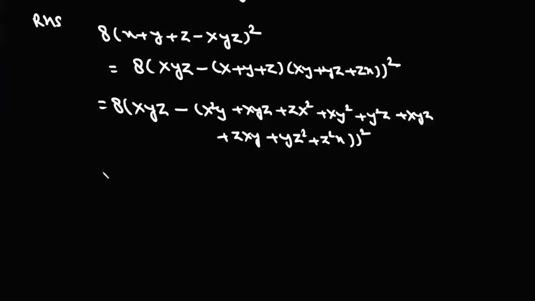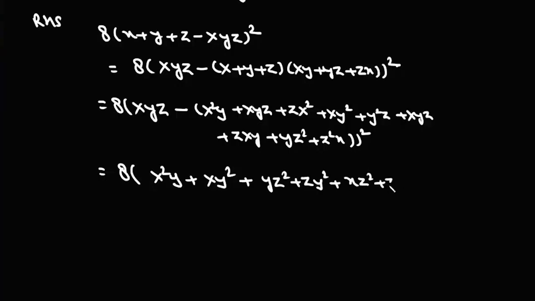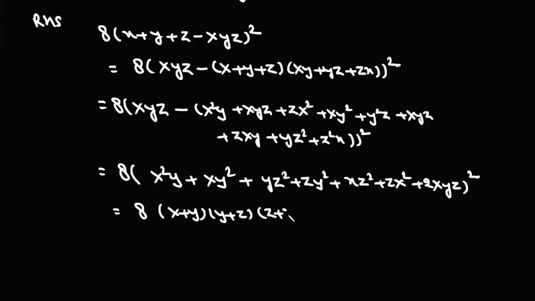whole square. Now we can also write this as x square y plus xy square plus yz square plus zy square plus xz square plus zx square plus 2xyz whole square. Now if we simplify the cyclic expression, we can write this as 8 and this is x plus y, y plus z and z plus x whole square.